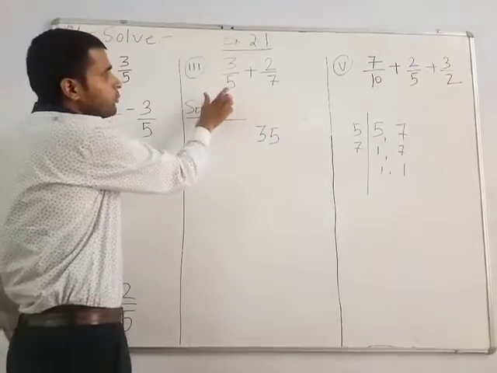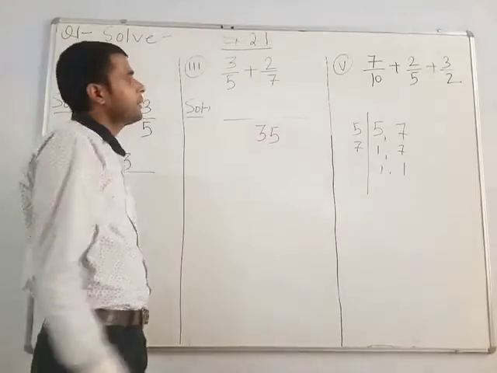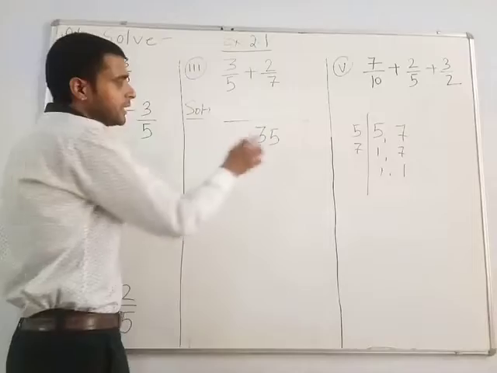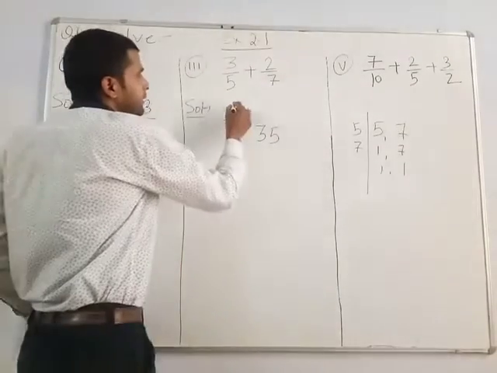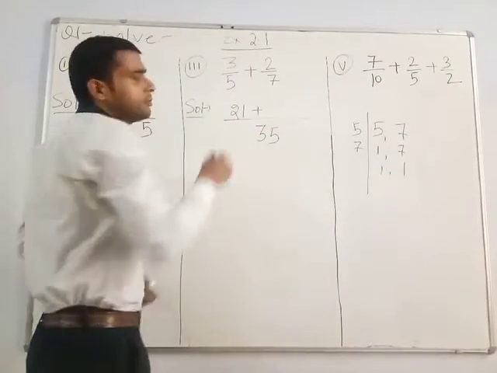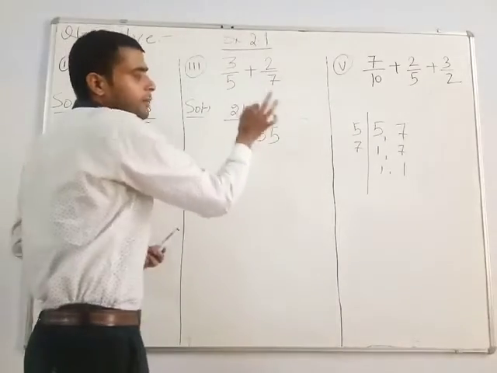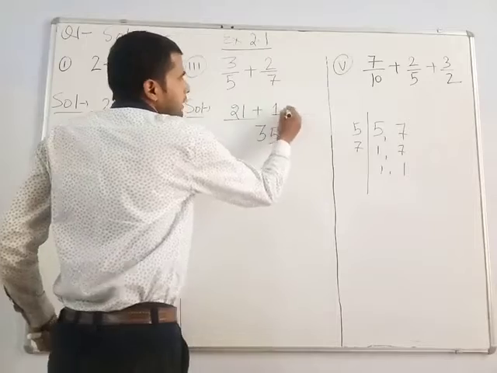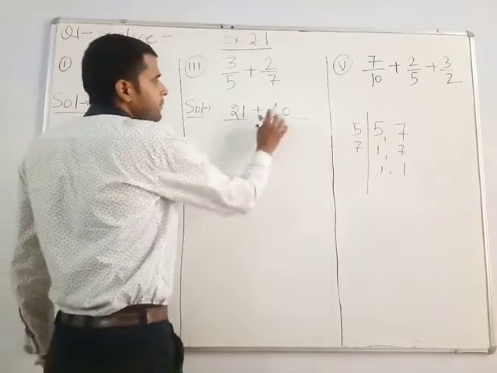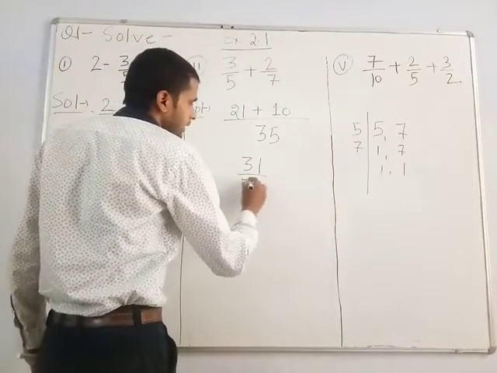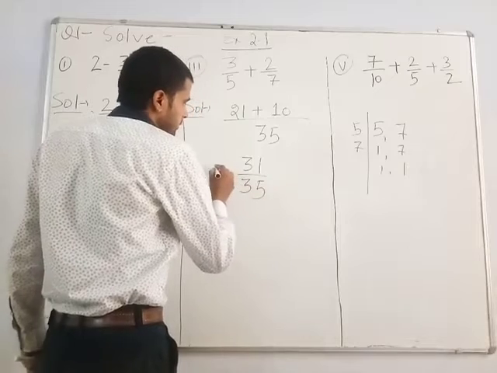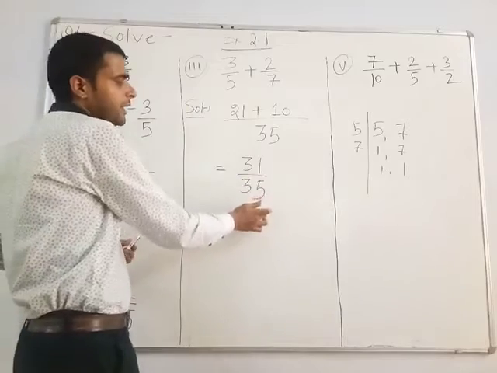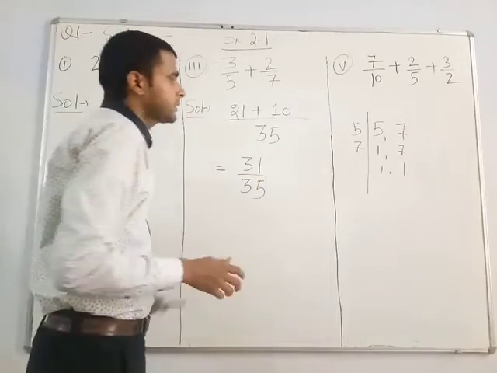Right? First 35 divided by 5, 7, times 3, 7 times 3 is 21, plus 35 divided by 7, 5, multiplied by 2, 10. So 21 plus 10, 31 upon 35. This is the answer. So 31 upon 35 is a proper fraction. Okay.